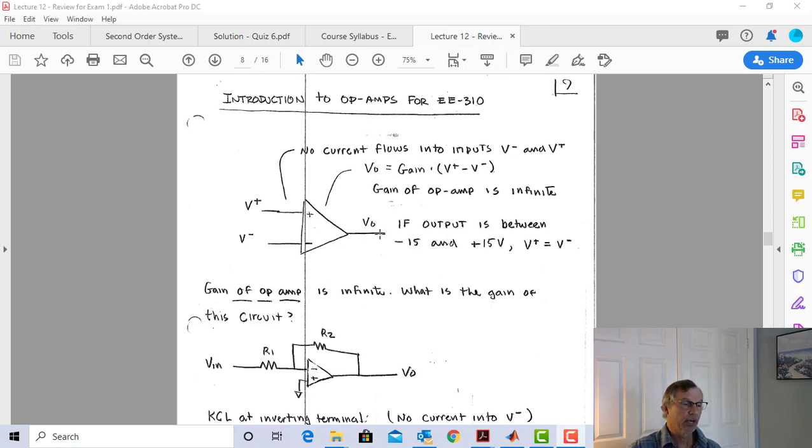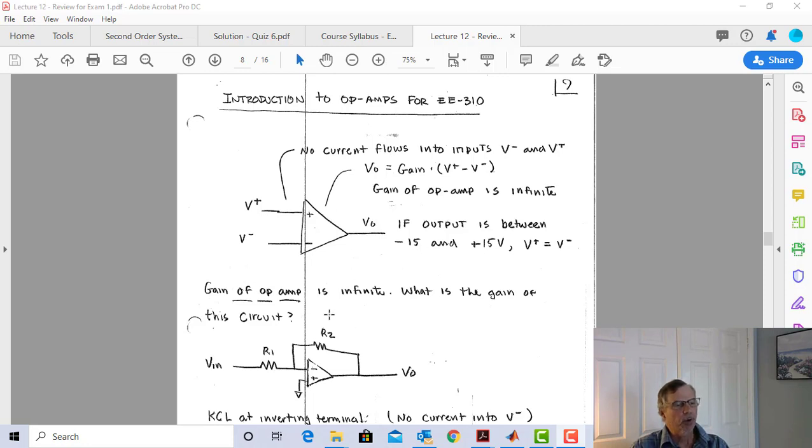We can put out a lot of current out this output, but we don't take any current in here. And there are other little non-idealities of the op-amp that you have to pay attention to when you design with them. But these ideal approximations really describe most circuits very, very well. So this is all you got to know.